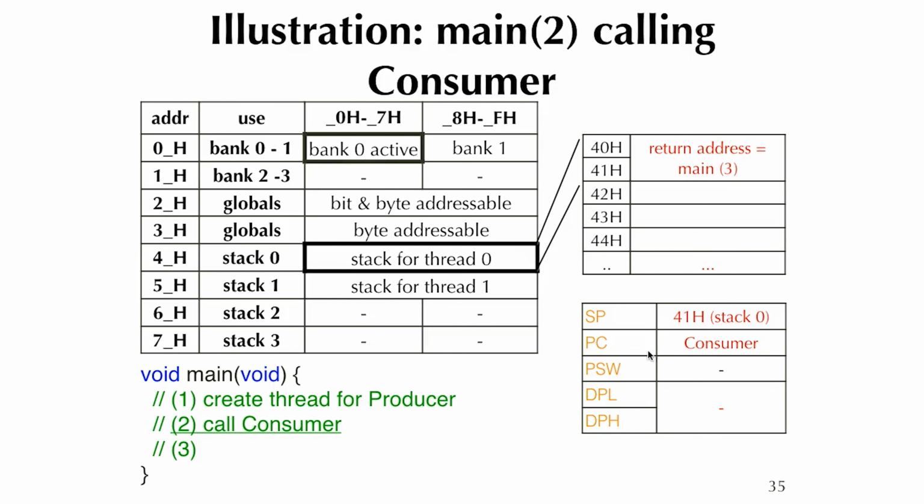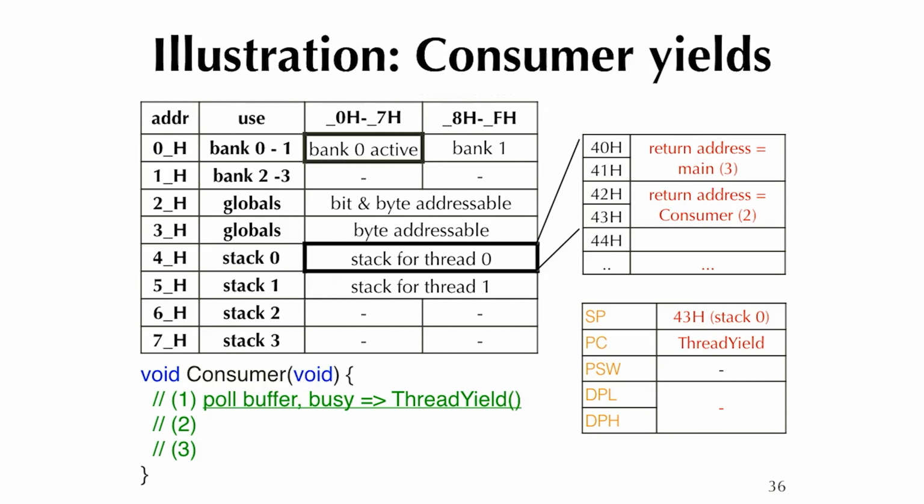And then PC now pointing at consumer, consumer can start running. But that's still thread 0. So far we're only running thread 0. Thread 1 has been created, but we haven't run it.